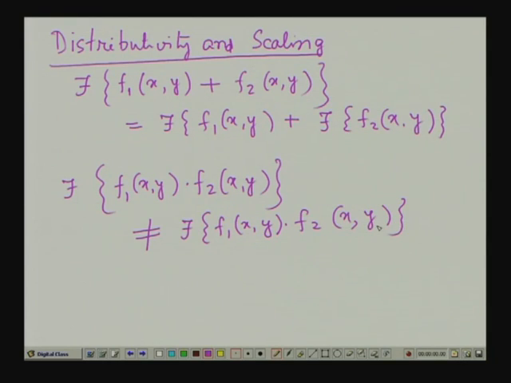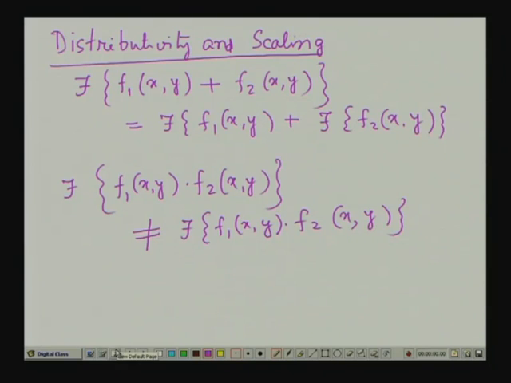The same is true for the inverse Fourier transformation. So, this shows that the discrete Fourier transformation and its inverse is distributive over addition, but in general not distributive over multiplication. The distributivity property is valid for addition of the two signals, but not in general valid for multiplication of two signals.